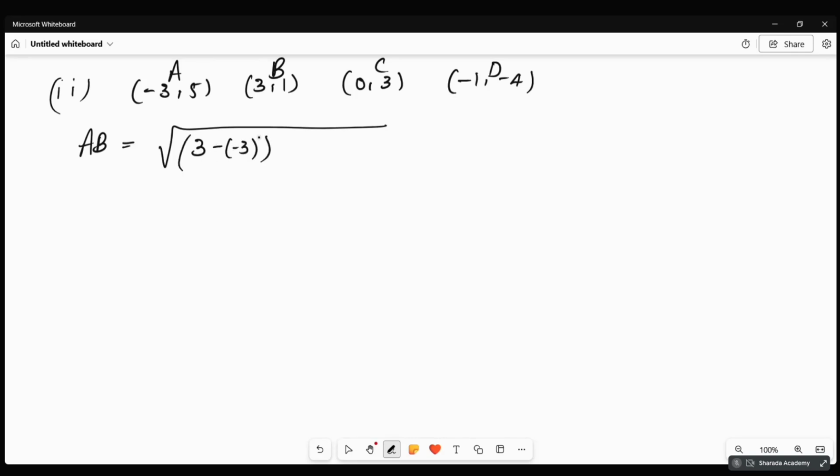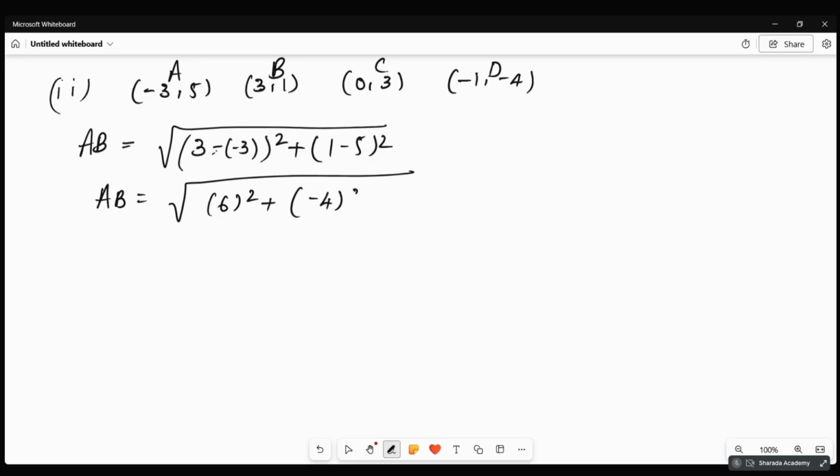Don't write 3 minus 3, 0. 3 minus of minus 3 there. Because it is x2 minus x1, you should not make that mistake. Plus (y2) 1 minus 5 whole square. So AB is equal to root of minus into minus plus, 3 plus 3, 6. 6 square plus minus 4 whole square. So AB is equal to root of 6 square is 36 plus 16.